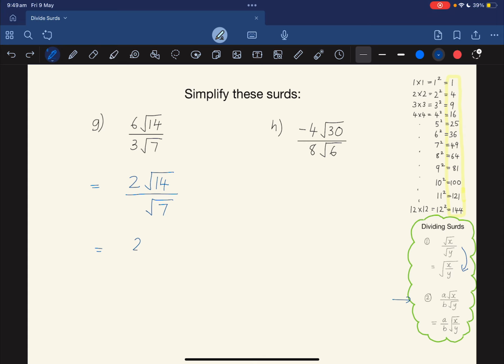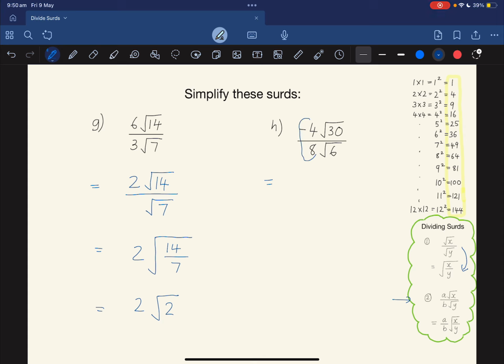So I'll just show you what I mean. So we could write that as 2 at the front, root 14 on 7. Okay. What's 14 divided by 7? 2. We're done.